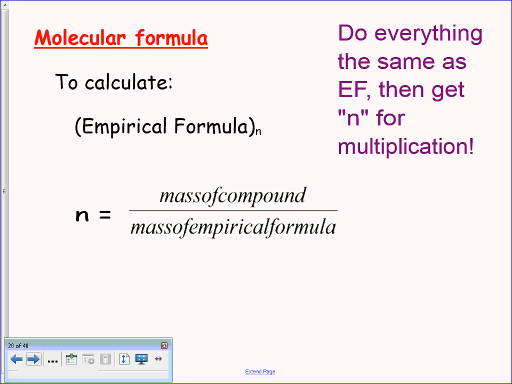So sometimes I'm going to ask you, after you find the empirical formula, also find the molecular formula.